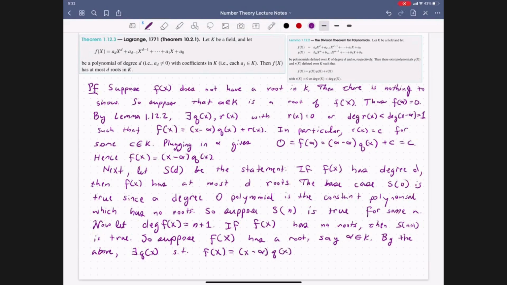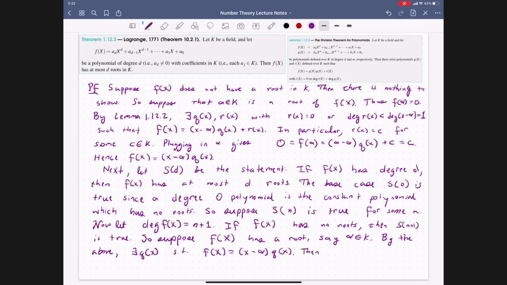And so we have this here. But now the degree of x minus alpha is degree 1. So that means that q of x has to be degree, since when we multiply polynomials, the degrees add up. So this has to be degree exactly n, since f of x is degree n plus 1.